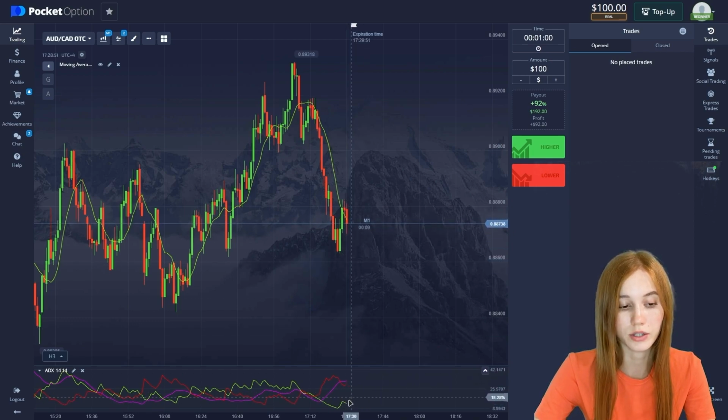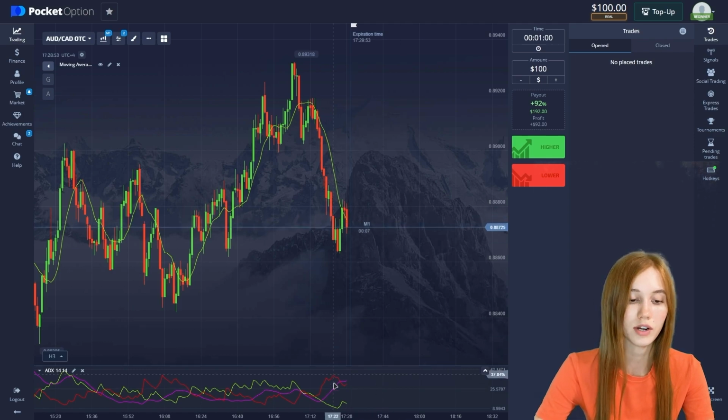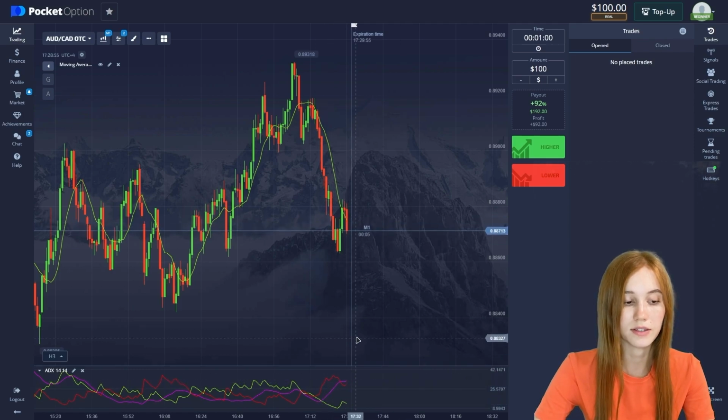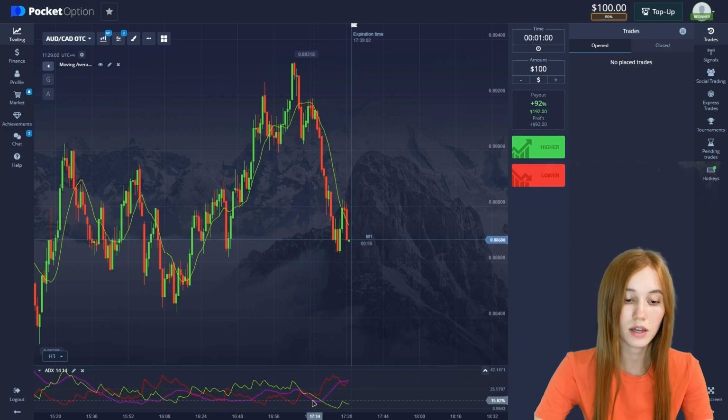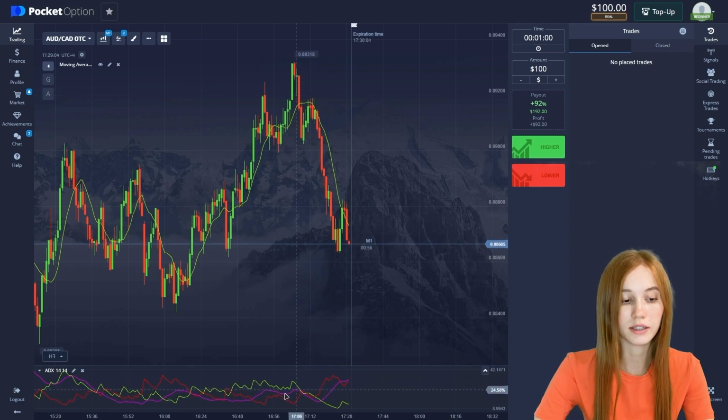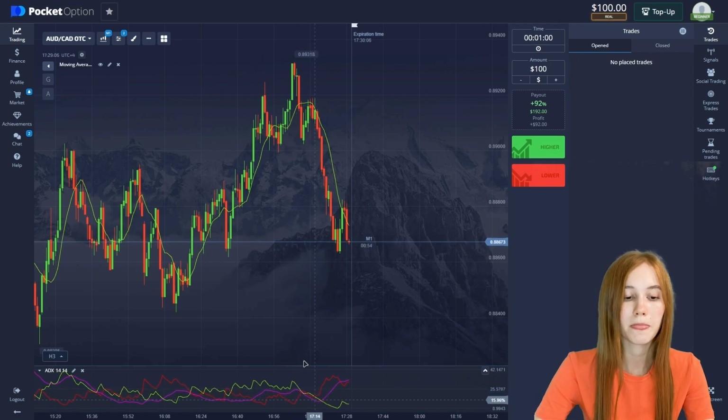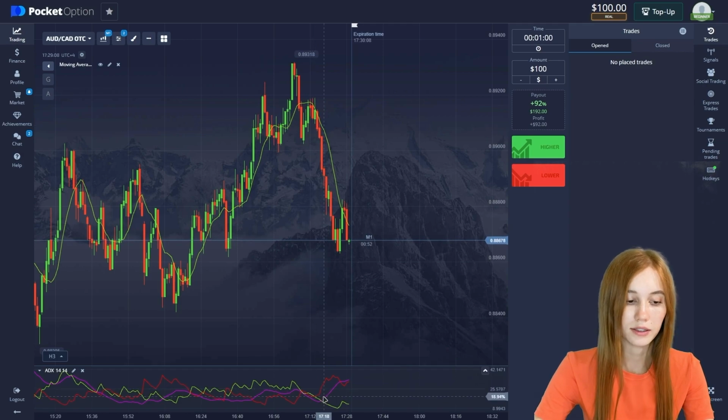The purple line shows the strength of the trend. We see that the strength of the trend has increased. Before that it was in overshoot values, then it dropped a little and then a sharp drop occurred. The trend rose sharply and now there are also sharp adjustments.